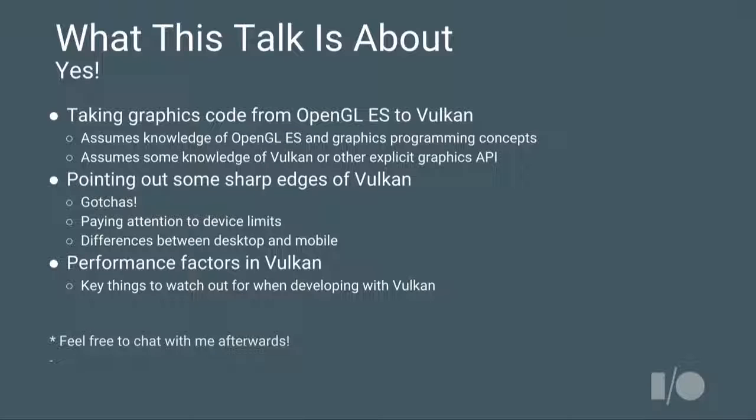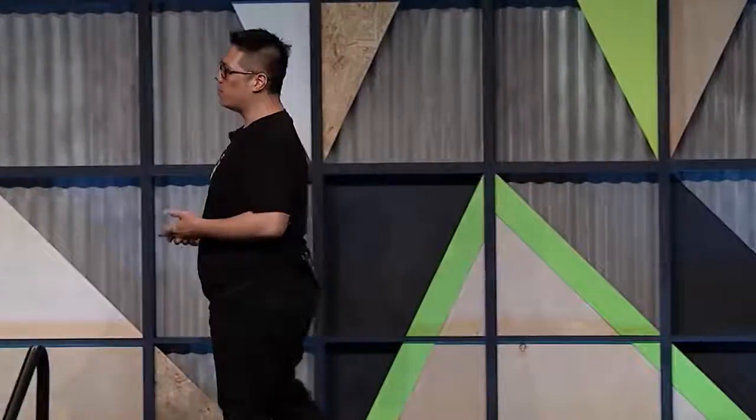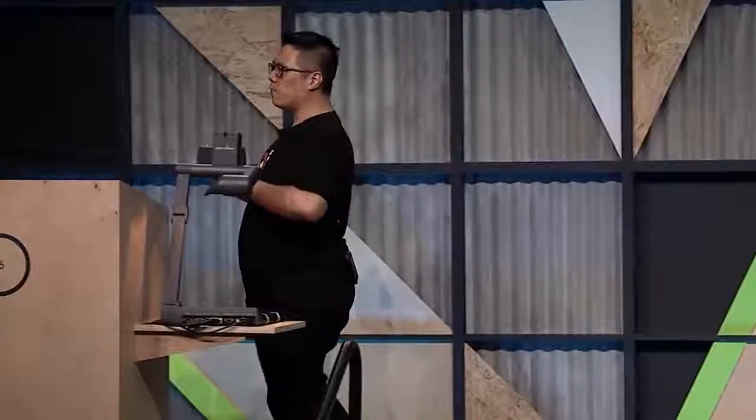Since Vulkan is definitely new, there are some sharp edges, and I try to point out the gotchas and why it's important to pay attention to things like device limits and the differences between desktop Vulkan and mobile Vulkan. And there's a short section on the things to consider if you're looking for performance in Vulkan. Again, these are kind of heavy topics, so if I say something that's weird and confusing, please find me afterwards, and I'll be more than happy to clarify.